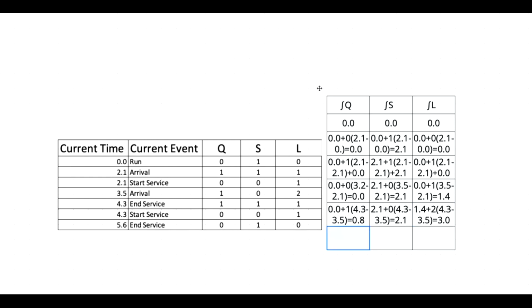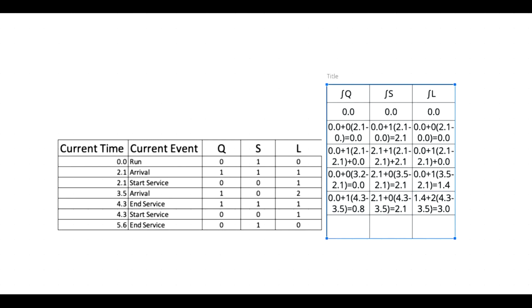Okay, so where are we? Well, now we're at the start service event, the second one. So we have the previous sum plus the previous value, which is 1, times the elapsed time, which is 4.3 minus 4.3, and that's still 0.8.